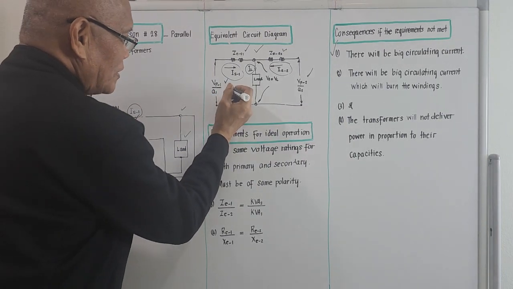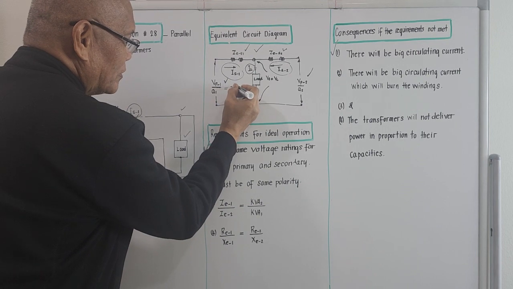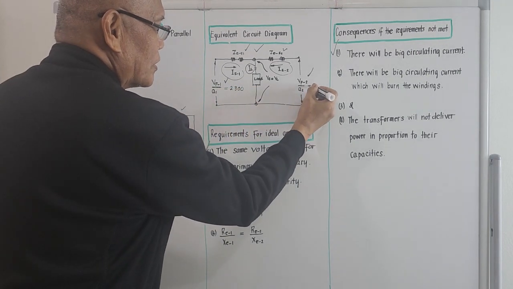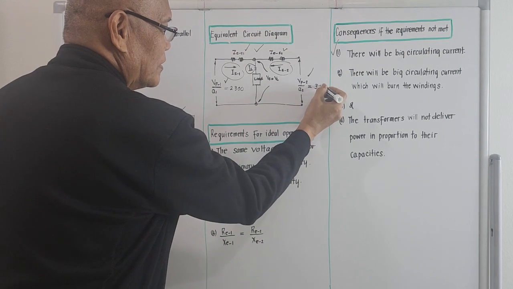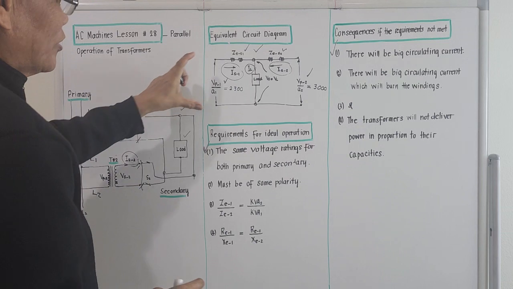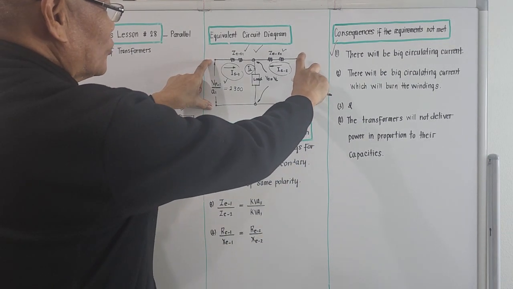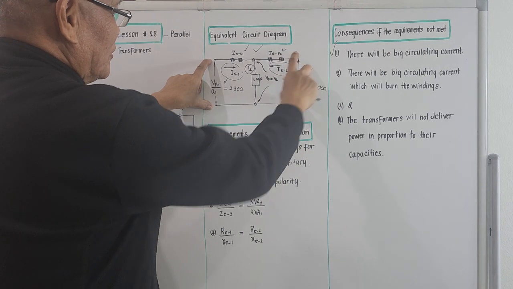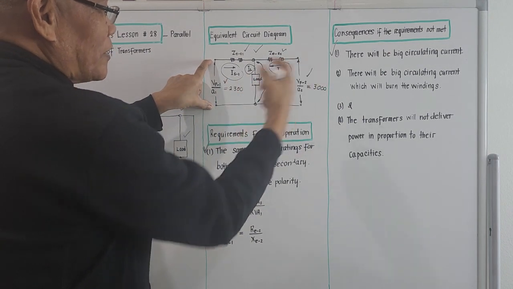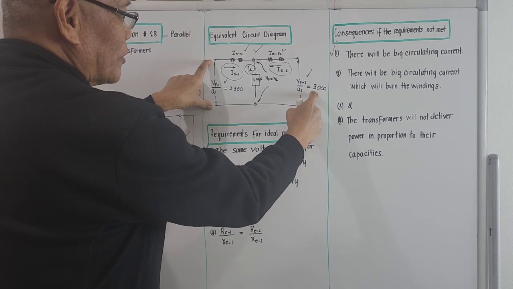Assuming this voltage here is 2300, and this voltage here is 3000. This is the secondary voltage of transformer number 1, assuming they are not equal, and this is the secondary voltage of transformer number 2.